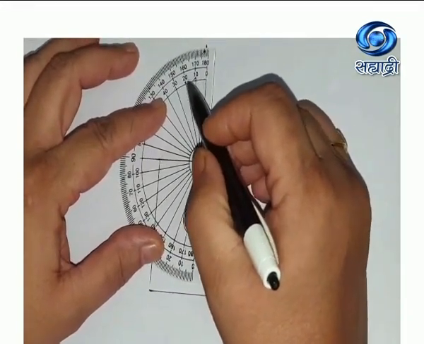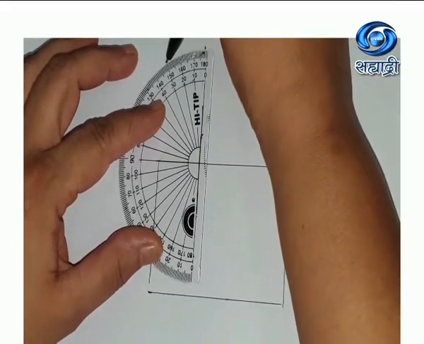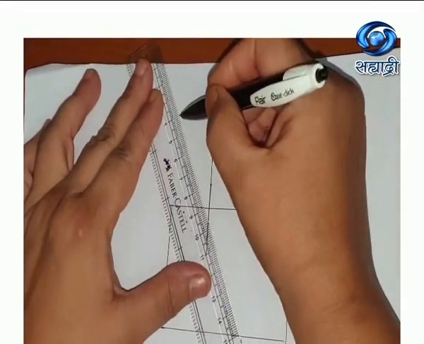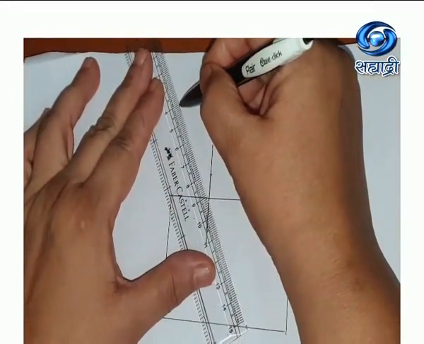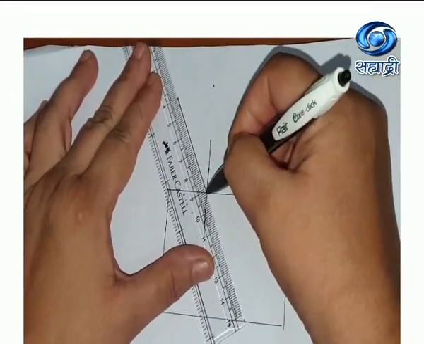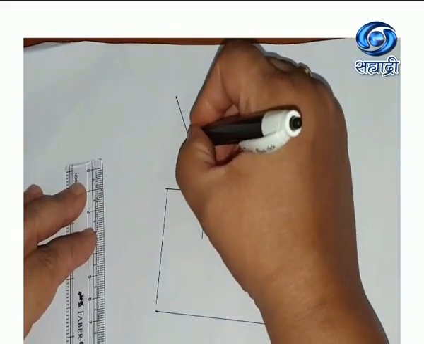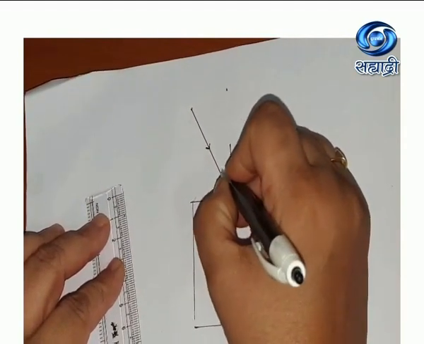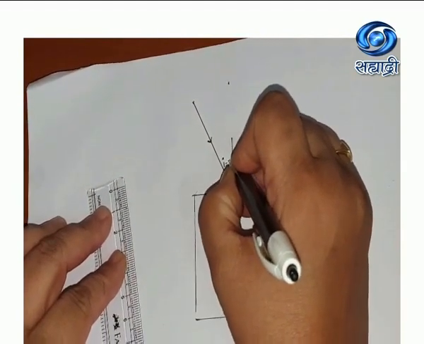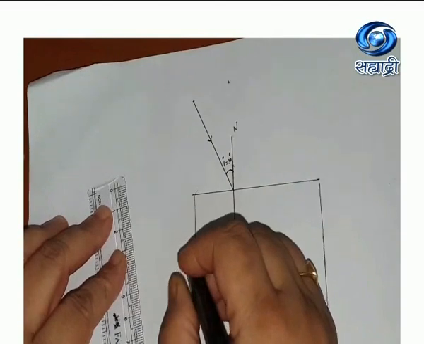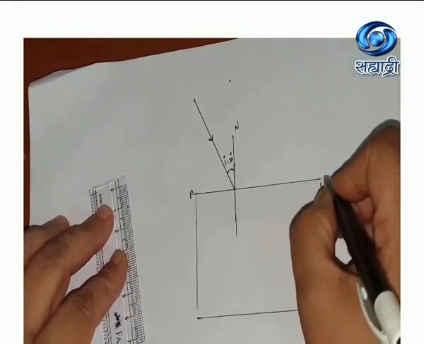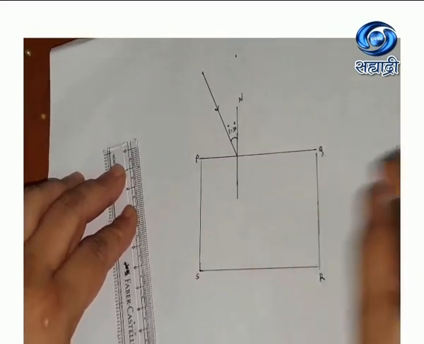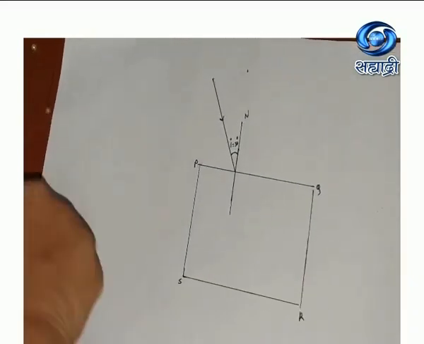So this is 10, 20, 30. Mark this and draw a ray to show the incident ray. So this is the angle of incidence I, which is equal to 30 degrees. This is the normal N. PQRS is the name given to the glass slab.